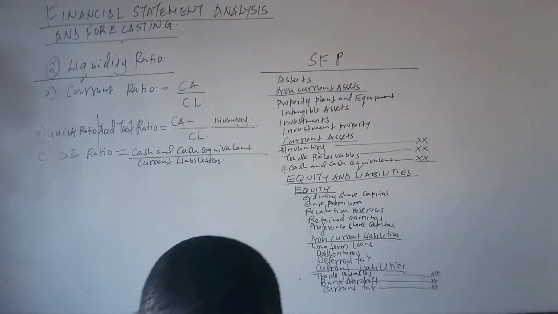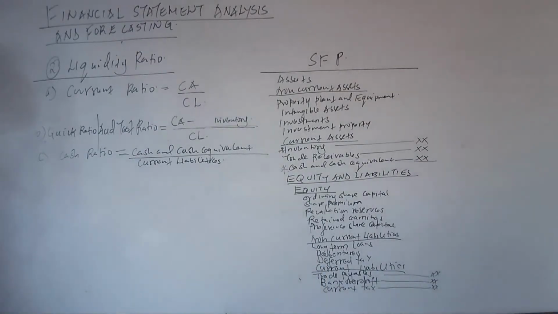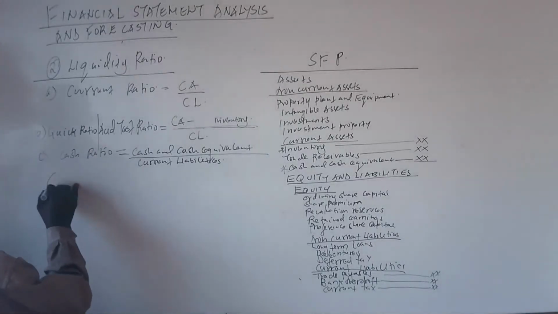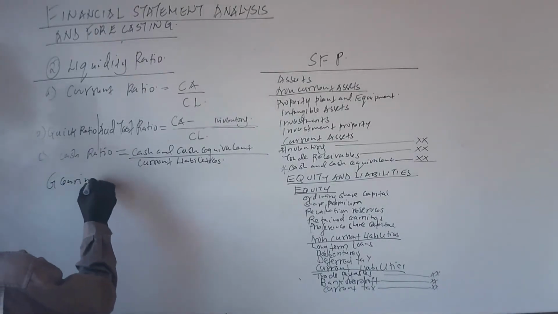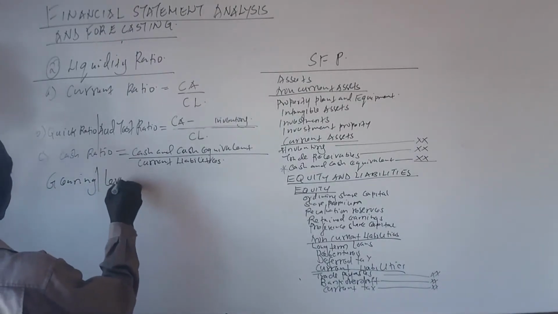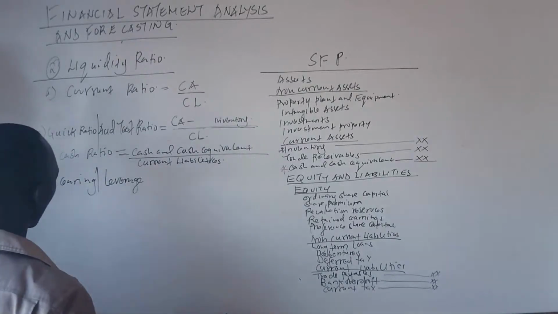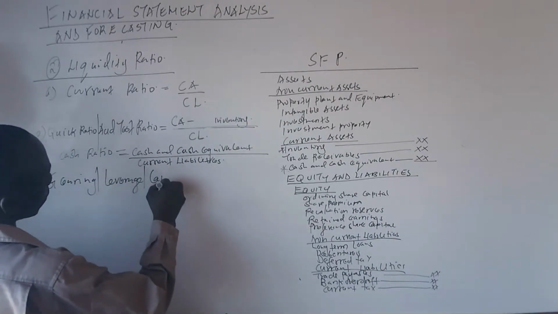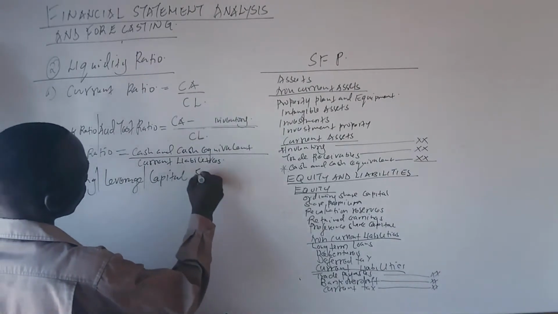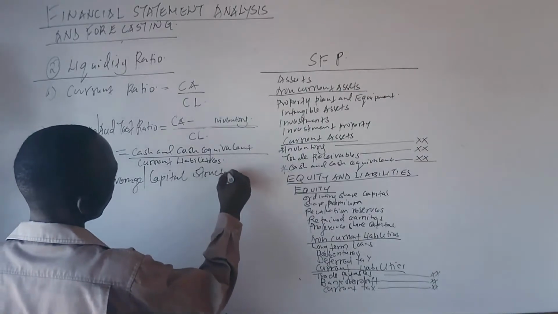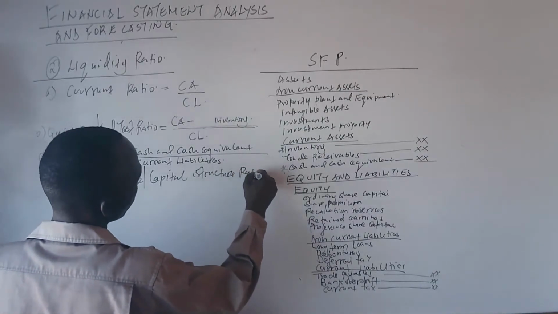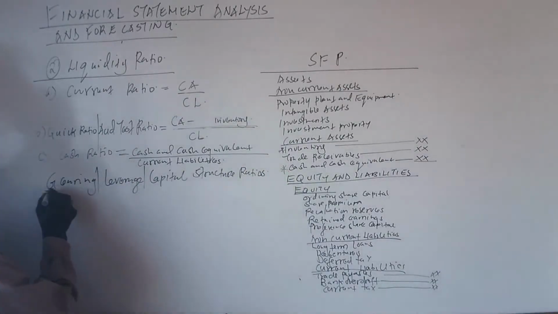Then we go to the next one. The next one is gearing or leverage, or sometimes we call it capital structure ratios.